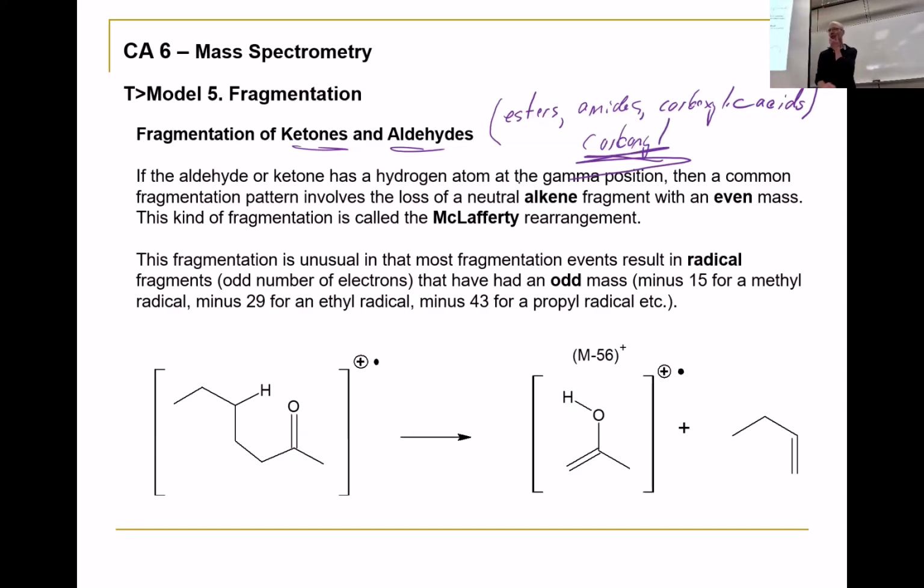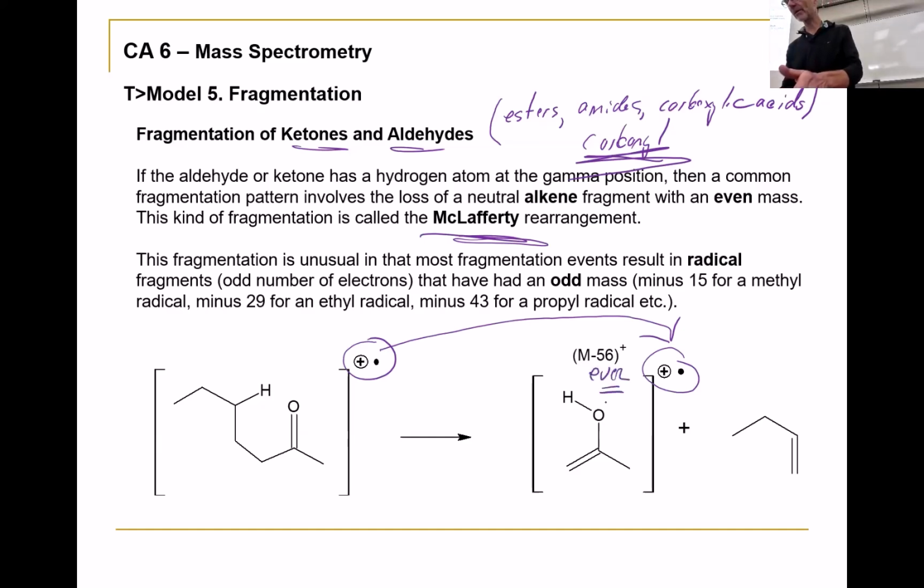This one has the lovely name of the McLafferty rearrangement. Do you need to know the McLafferty rearrangement? Yes. Also note, we go from a radical cation to a radical cation. Also note what gets lost is an even number.